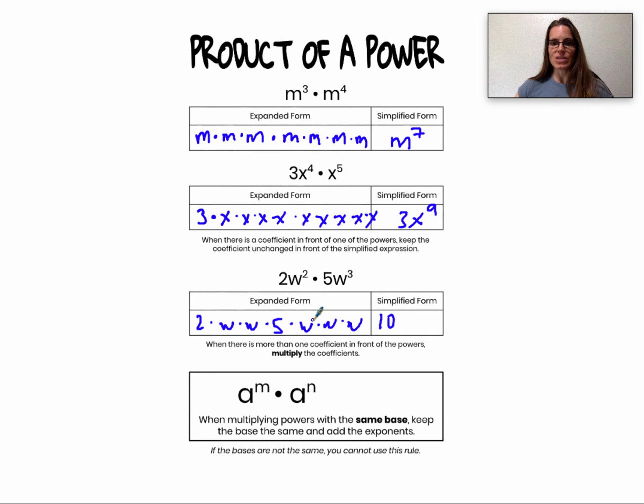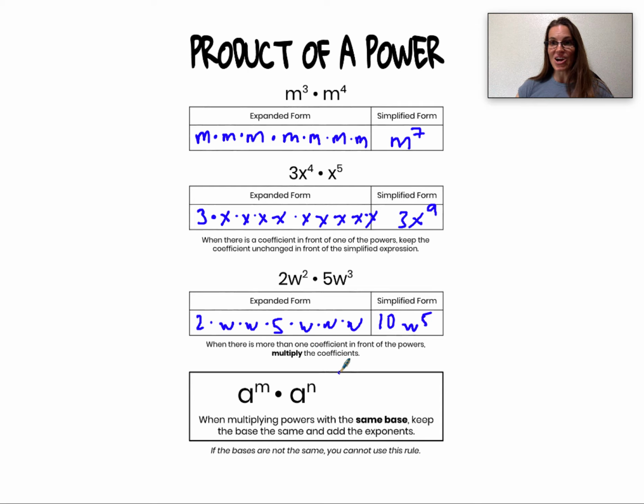W times w times w times w times w. That is w to the 5th power. 10 w to the 5th. Our explanation is when there's more than one coefficient in front of the powers, multiply the coefficients. This is because we have a 2 in our product and a 5 in our product, and we can multiply those factors, 2 and 5.